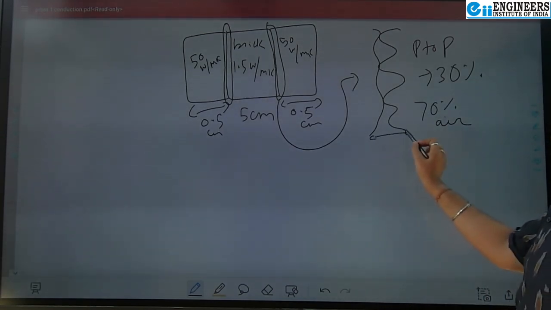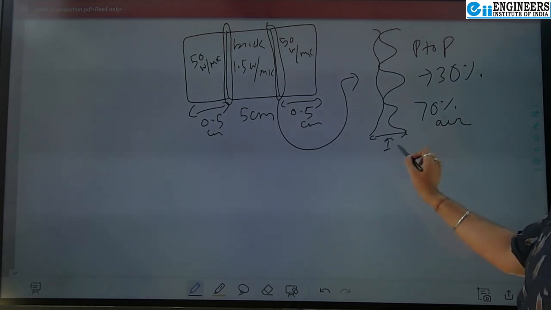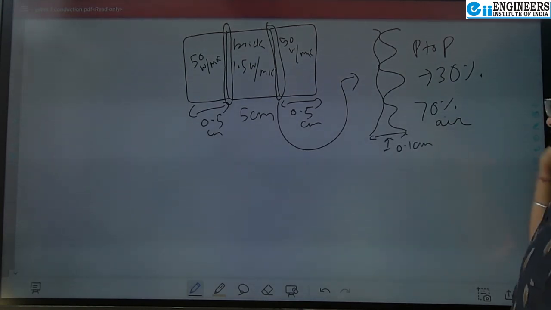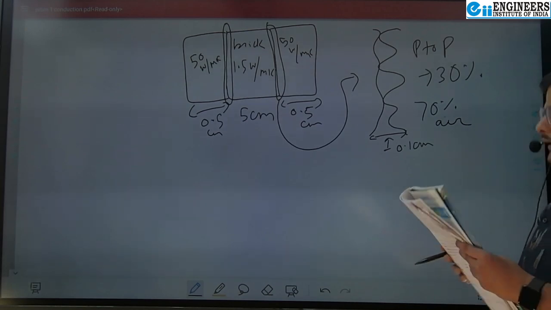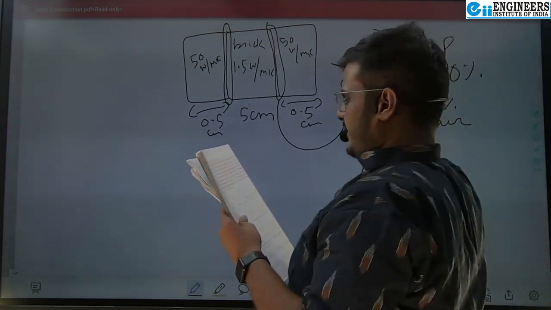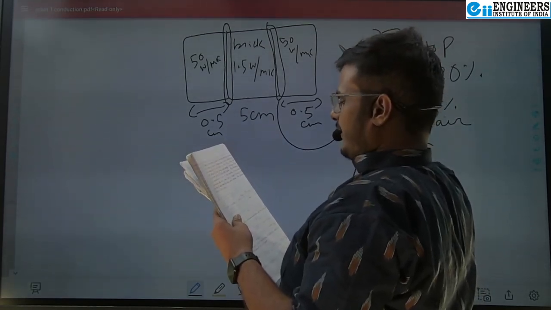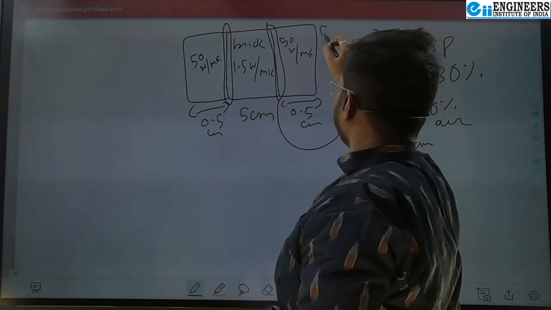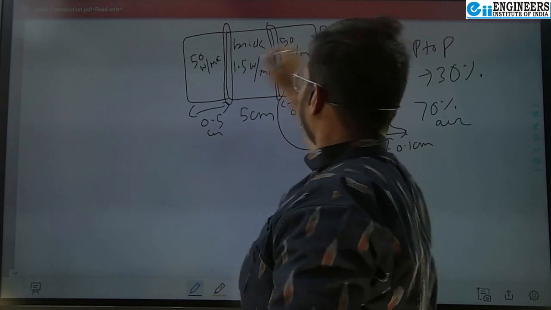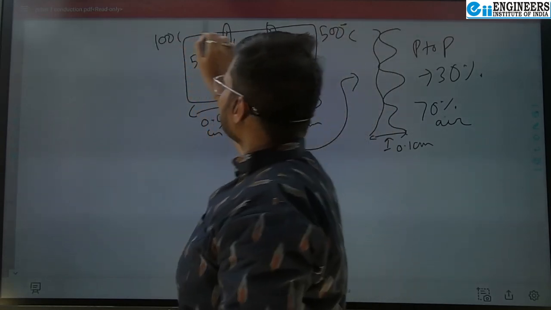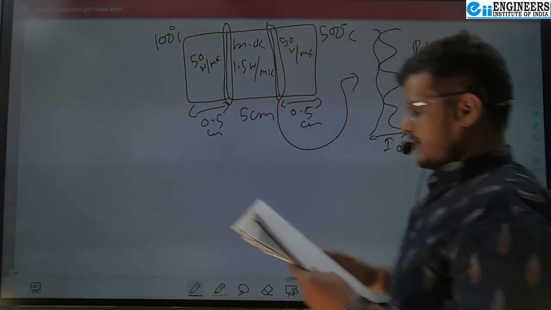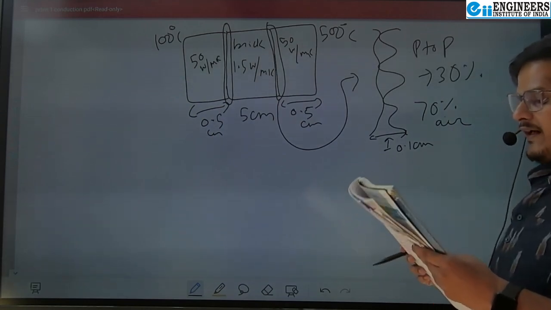So the thickness over here is 0.1 centimeter. Then if the outer plate surface is at a temperature of 500 degrees Celsius and the other plate is at 100 degrees Celsius, then calculate the heat flux.